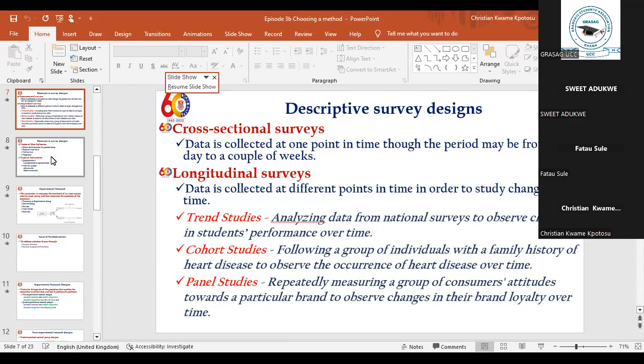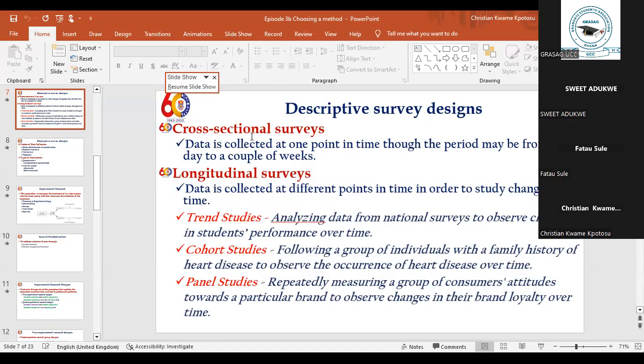But when you come to the panel studies, the sample is the same throughout your whole study. Please, do you get it? Hello? Yes, thank you. I want to know if she got it before we continue.